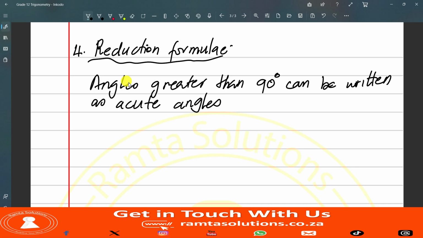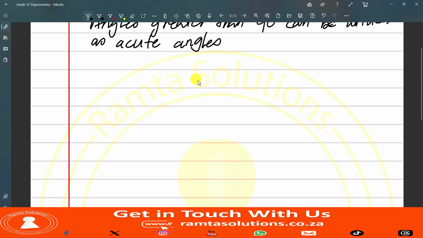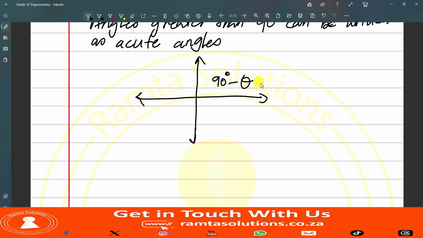Now, with reduction formulas, once again using the cast diagram, in the first quadrant we are using 90 degrees minus theta.